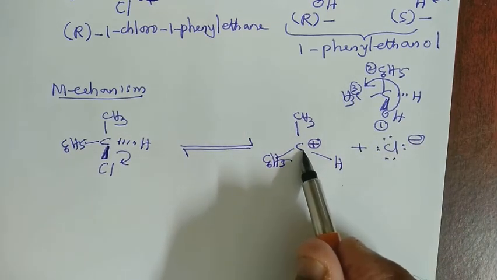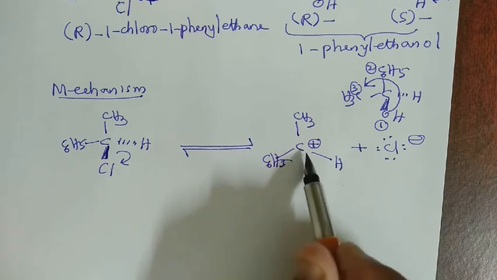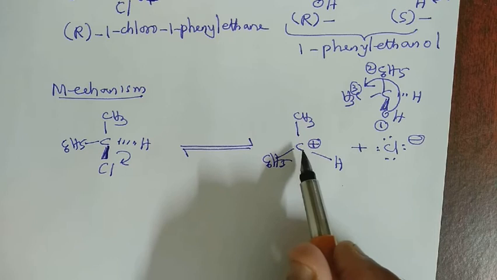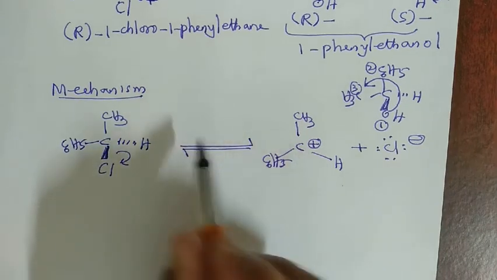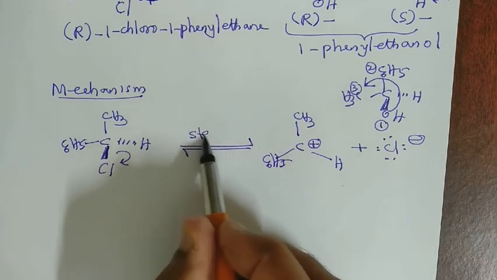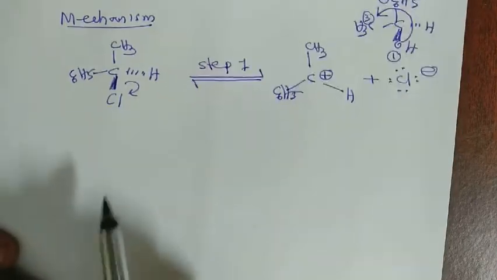Hybridization of this positively charged carbon is sp2. Therefore, this carbocation is planar around the positively charged carbon. This is the rate determining step.